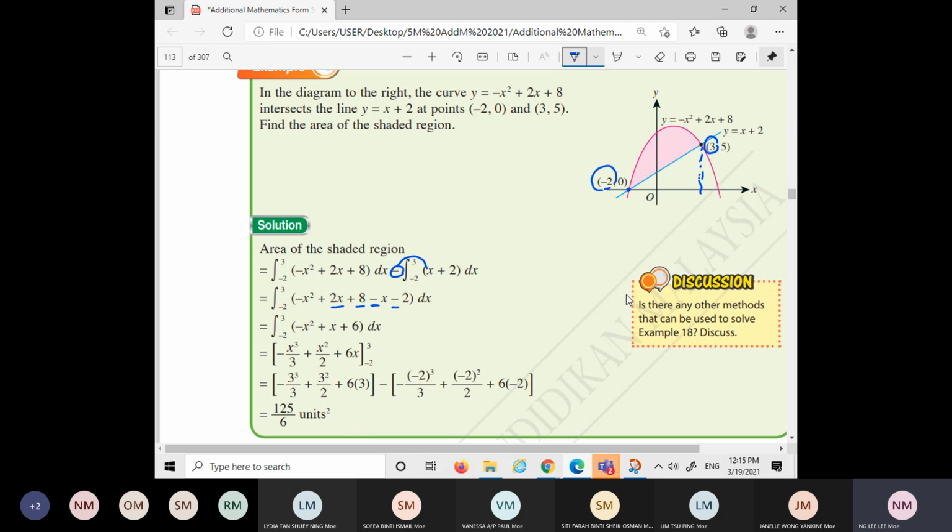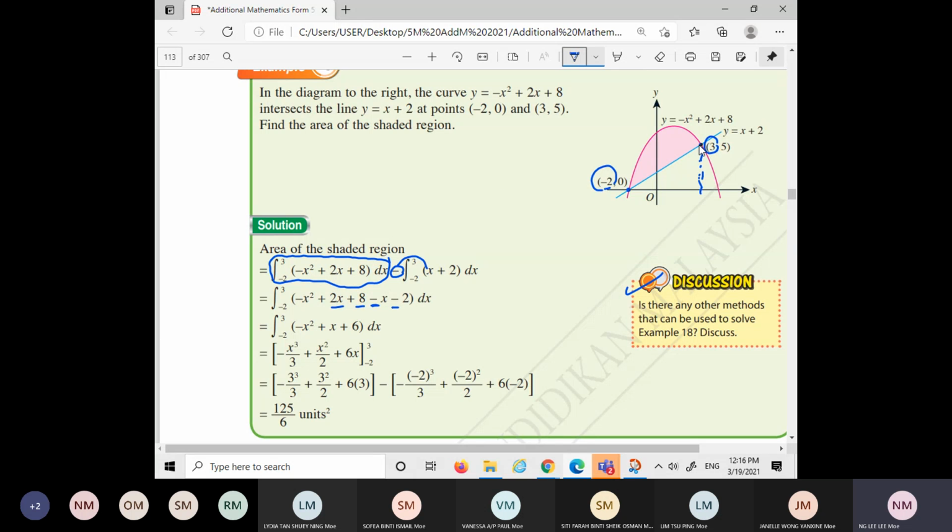Is there any other method that can be used to solve example 18? Actually, there is another method. For the curve one, you can't use another method; you just use this and get the answer.